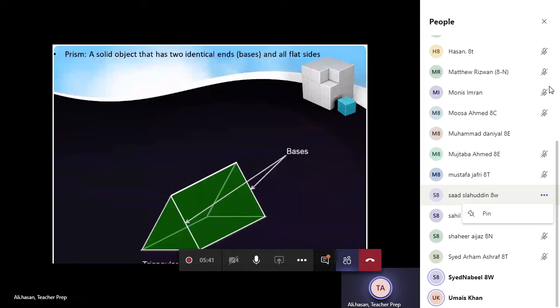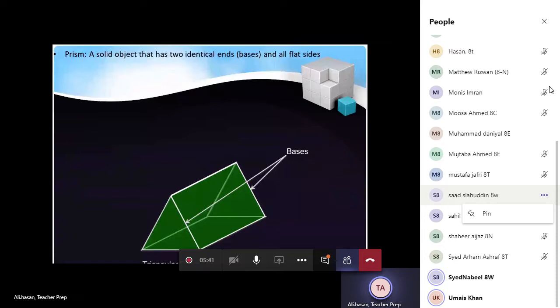We are studying some very important concepts from a rectangular prism. Hope you are paying attention. Beta, I hope you have confirmed that it is a rectangular prism. It has a top, it has a bottom, it has a front, it has a back, which was initially hidden from us because it was at the back side, but now it is visible to you.